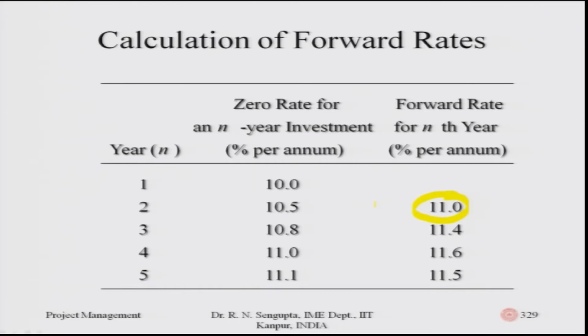If you see the third row, the last value is 11.4. Then going down along the third column, the next value is 11.6, and the next value is 11.5. So, it is of interest to us how we find them out.